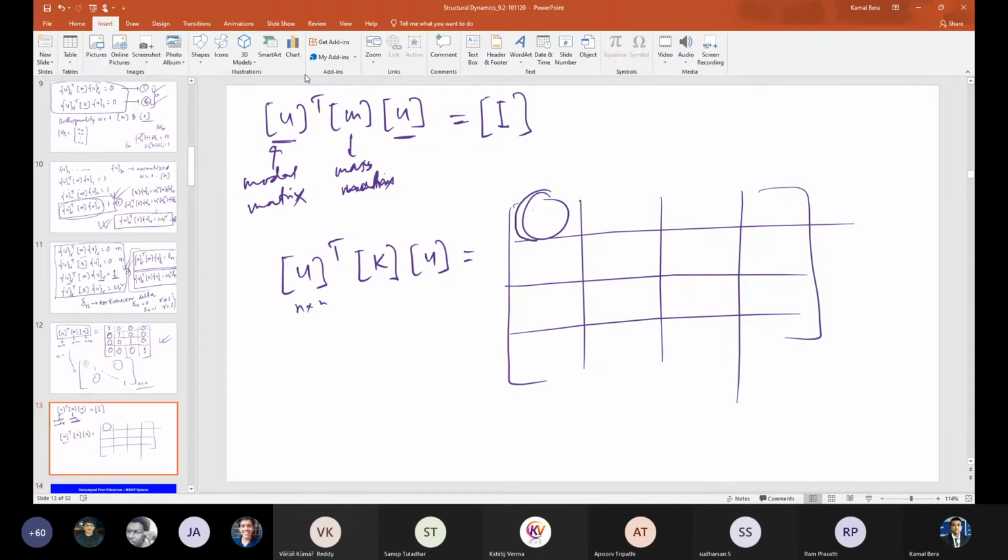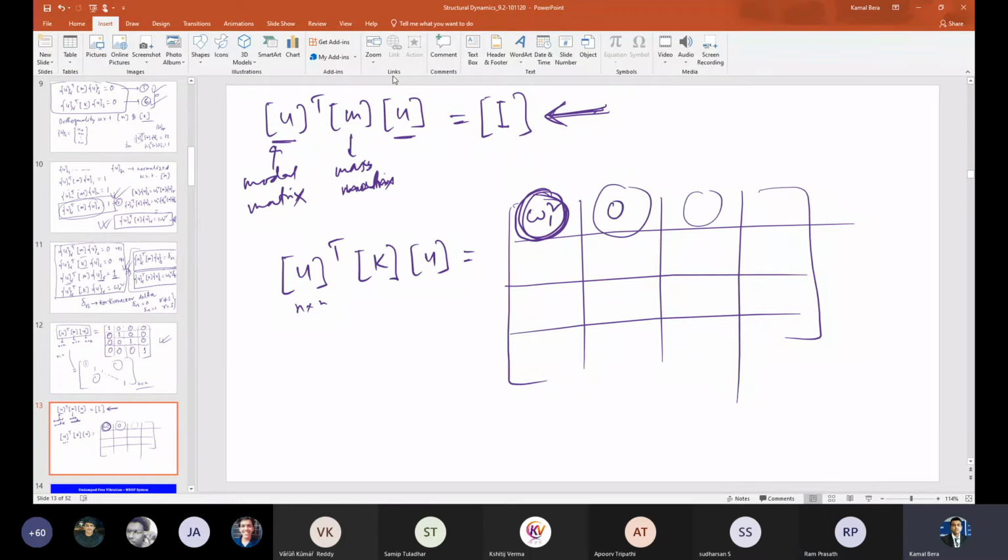What is this entry? Or at least tell me what difficulty you are facing. So is that omega 1 square? Yeah, why are you not confident? Omega 1 square. What is this? That will be 0.